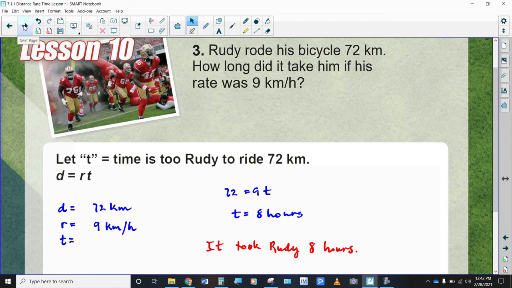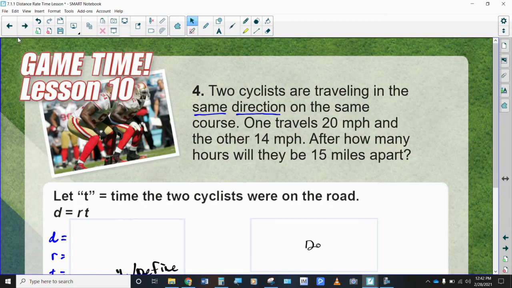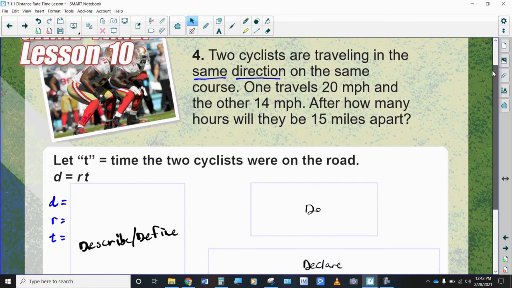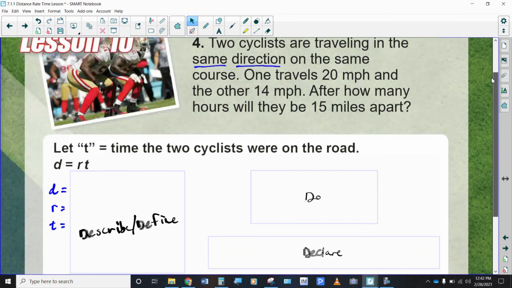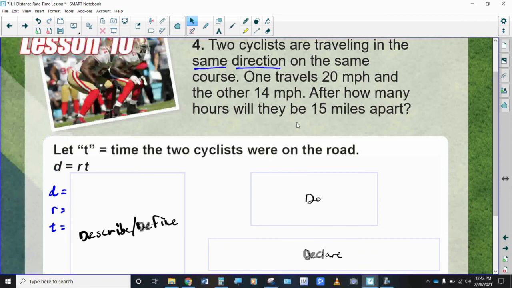All right, this last one, this is a tricky one. I want to see if you can figure this one out. It is not exactly the same as the other two situations with Doug and Wanda driving in opposite directions and the trains going in opposite directions. In this case, the two cyclists are traveling in the same direction on the same course.